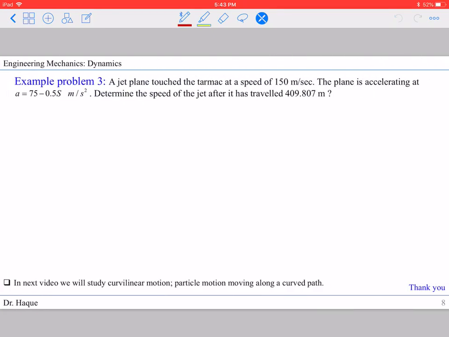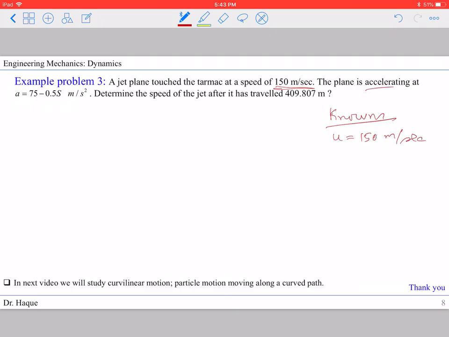Now let's move to the third problem that we have. It's a very simple and small problem. It says a jet plane touched the tarmac at a speed of 150 meter per second. So knowns are u, the initial velocity, is 150 meter per second.